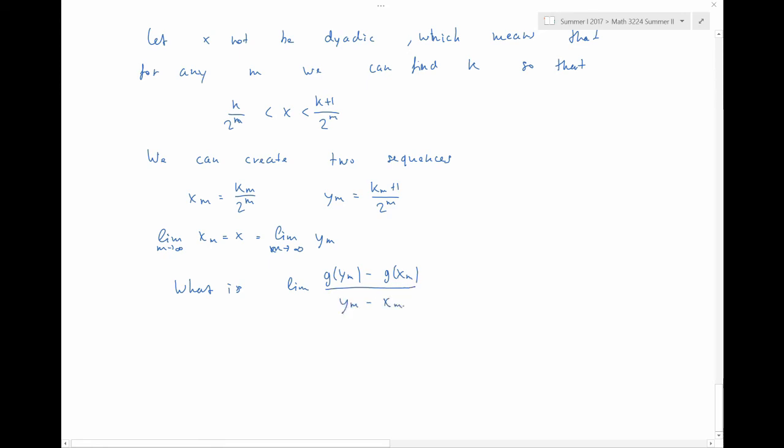If the derivative of g is a continuous function, or if g is differentiable, then I could use the mean value theorem. But the problem is that we already proved that g is not a differentiable function. However, we can try to assume that g is differentiable at the point x.